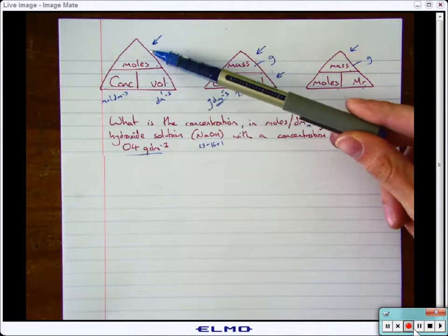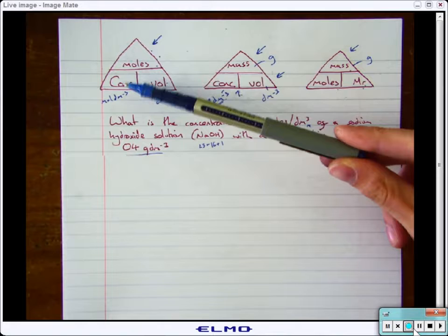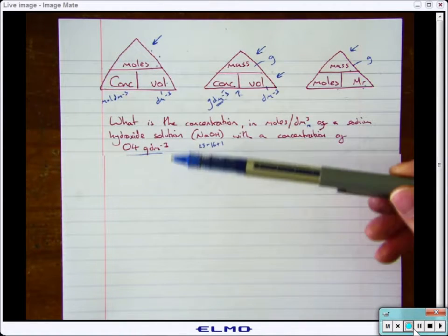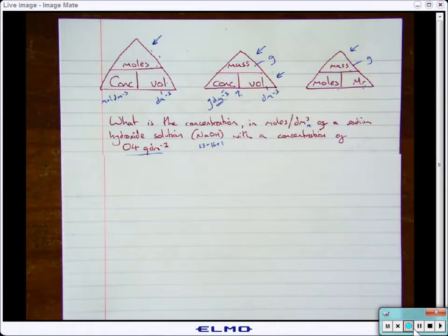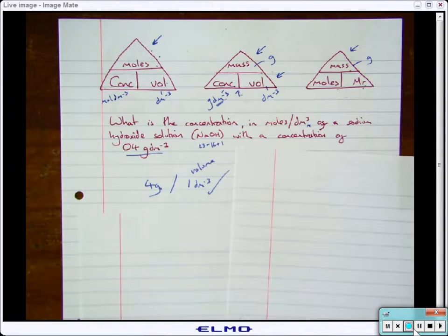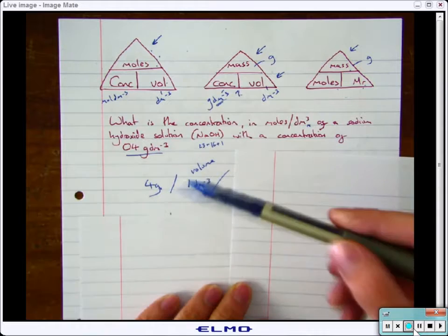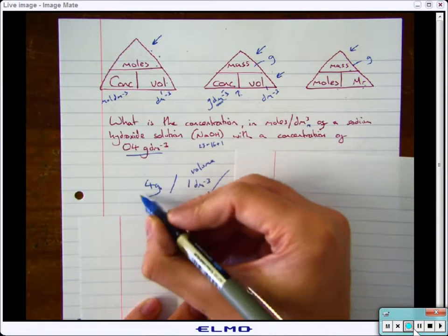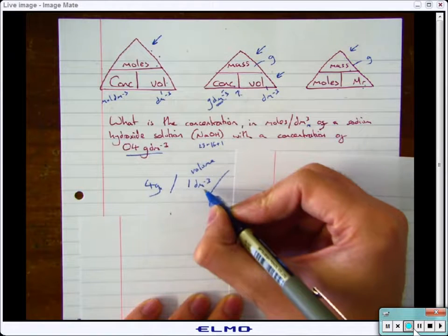Straight away I'd look at this one, and I want to work out the information there, so I need the moles and I need the volume. This tells me a lot about my question. It tells me that I've got 4 grams for every decimeter cubed. So I can take that as my mass is 4 grams and my volume as 1 decimeter cubed.